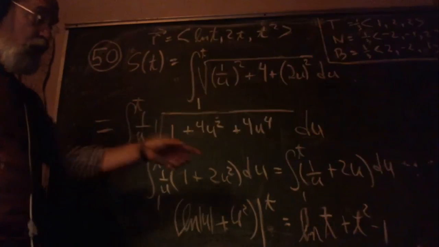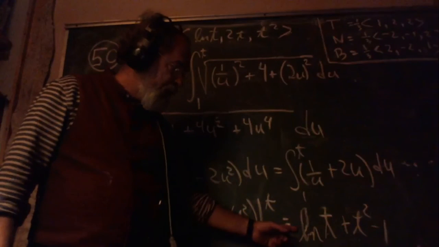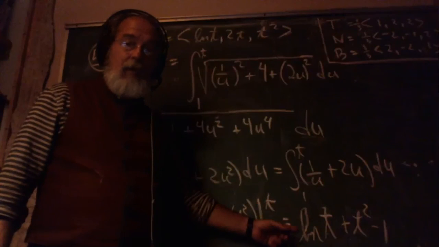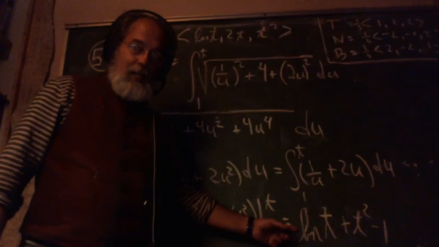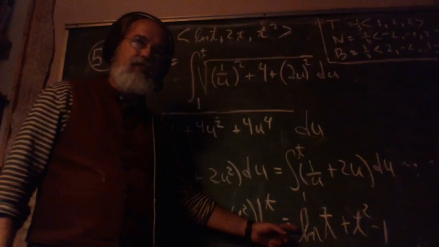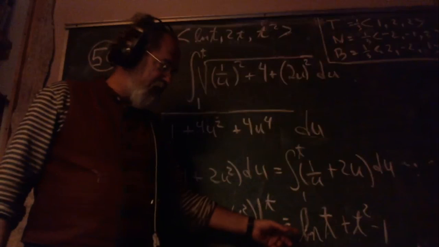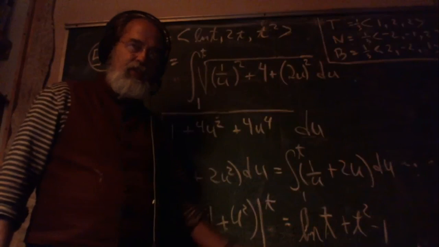You could do that. Now, could we use this to do parameterized by arc length? And the answer is not easily, because you can't solve this for t. To do parameterized by arc length, you'd have to solve for t. This is not going to be solvable for t.